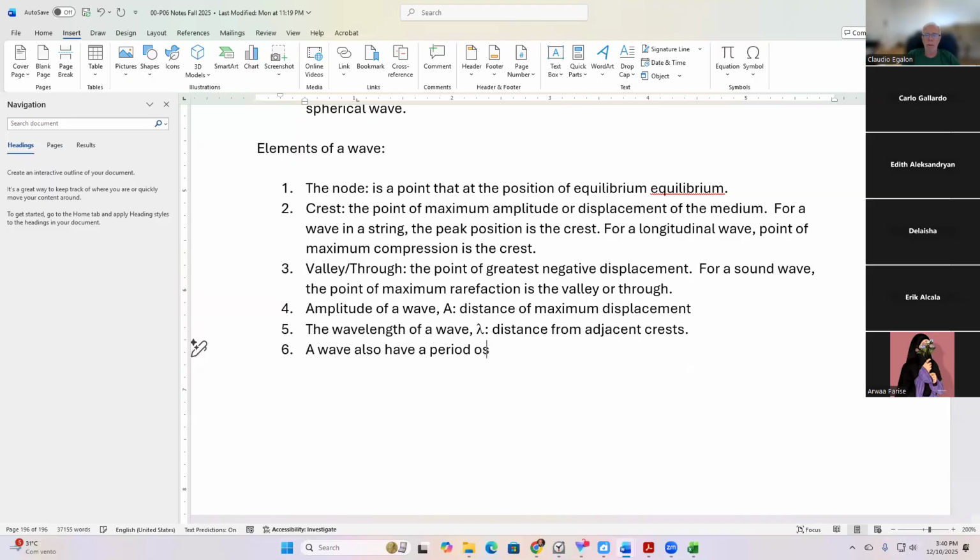Okay, period of oscillation. Just like a simple harmonic oscillator has a period too. How long it takes for the point of oscillation to go back to the same spot.